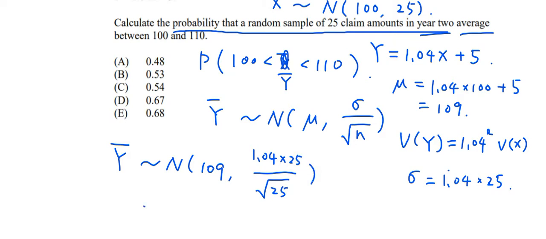So this equals, here's a little bit of calculation, divided by the 1.04, let's see, by 5, so this is 5.2.